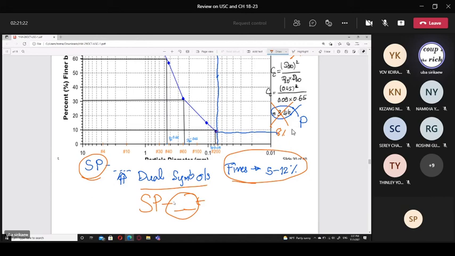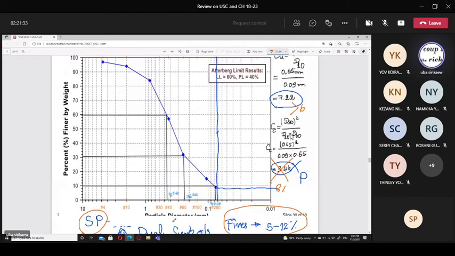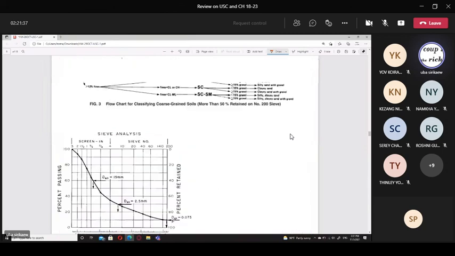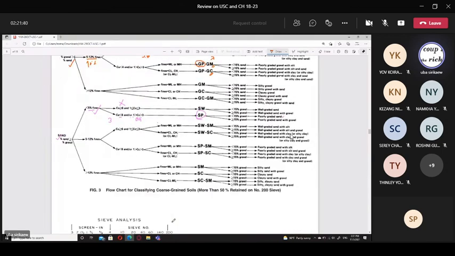Okay, that should be, you have to add more and check plasticity of soil. Then the dual symbol should be, you see, should be this SP to SM or SP to SC, this part.